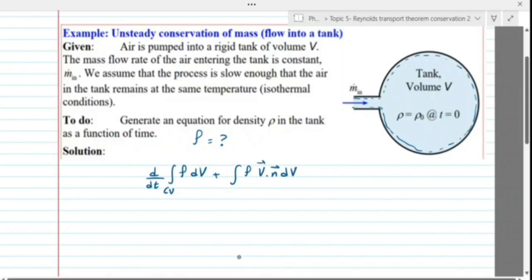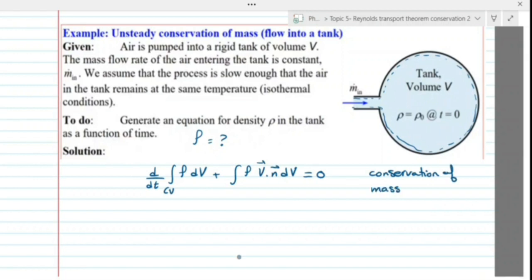Now these two should be equal to 0. This is the conservation of mass equation for a control volume.